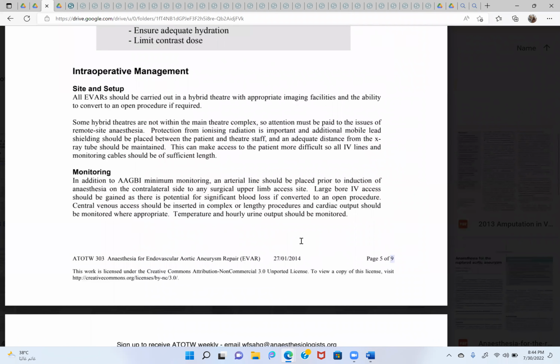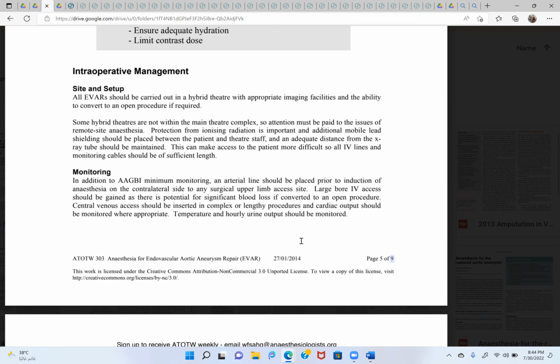So you should have sufficient lines and positioning. Usually on other tables you are able to have head up or head down. In these interventional radiology tables, they are not able to have head up, head down. Usually they go up or down.